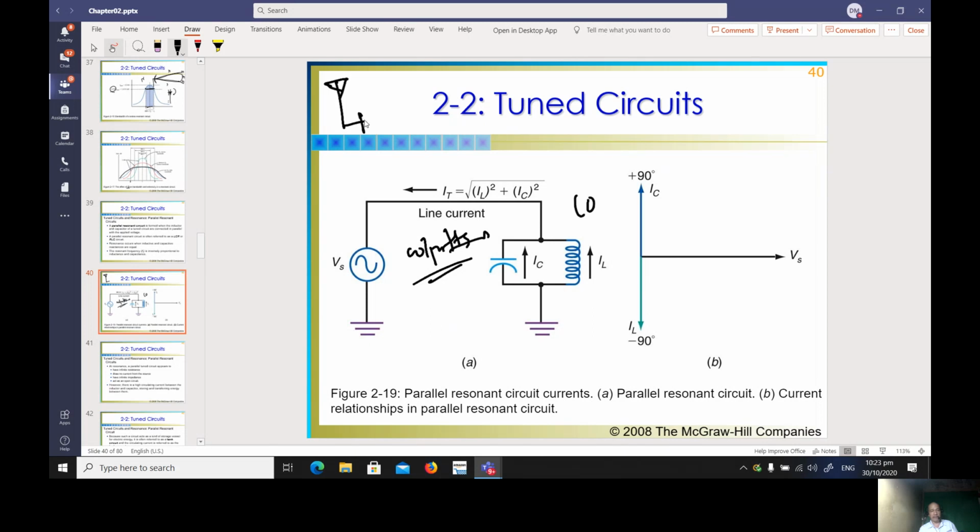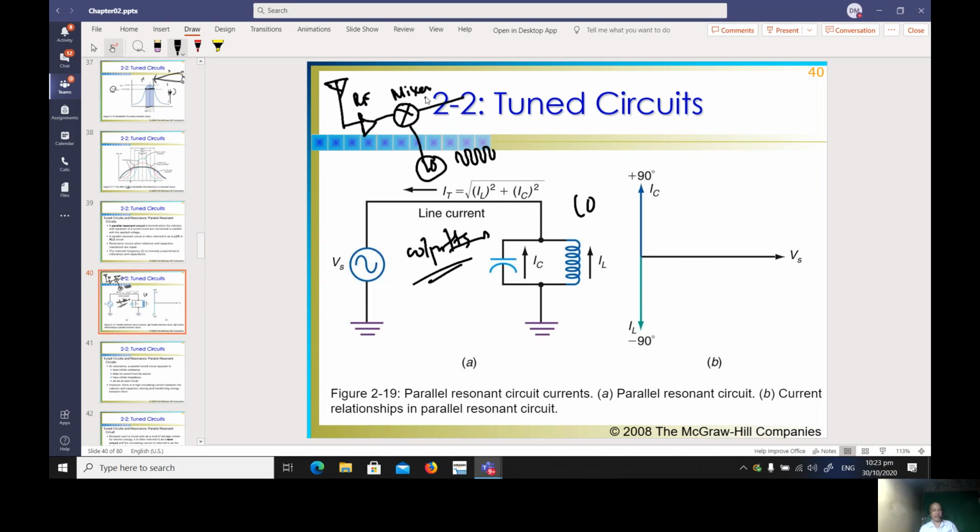Now you have your RF amplifier. So meron kang mixer. Tapos meron ka ditong local oscillator, LO. Magpo-produce lang siya ng sine wave, and usually they are made of Colpitts.